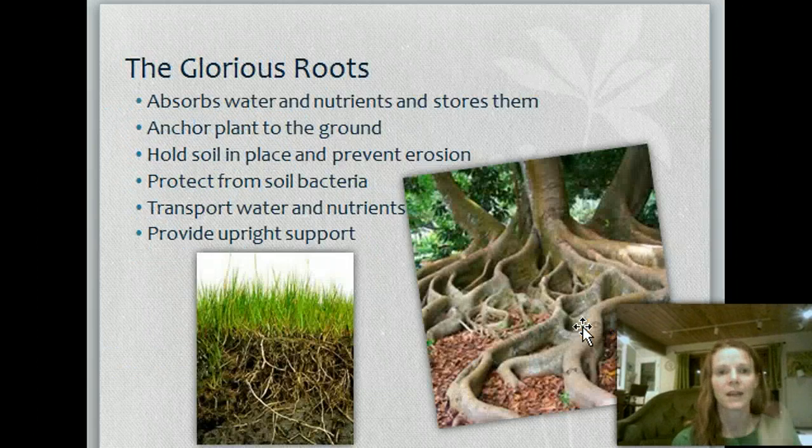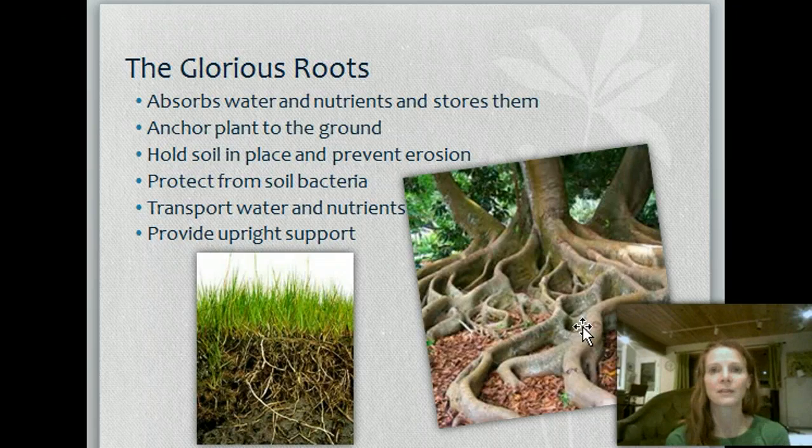Okay, all right, and then the glorious roots. So they absorb water and nutrients and store them. That's very important. That's where plants get their nutrients, and that's where we get our nutrients. When we eat plants, we're eating the nutrients that are within the plant that actually come from the soil.